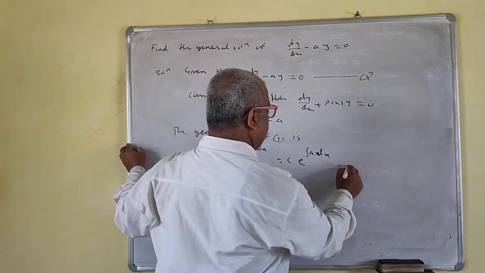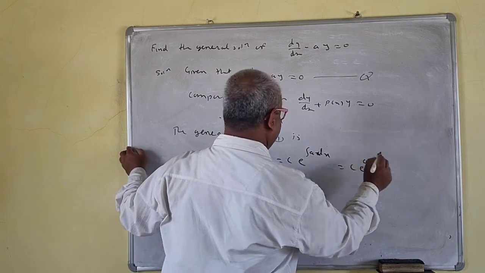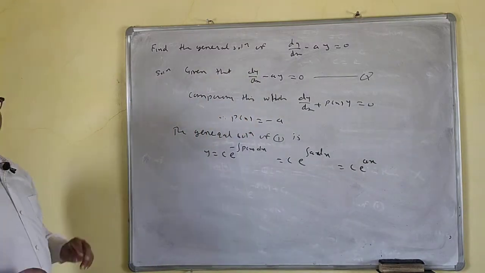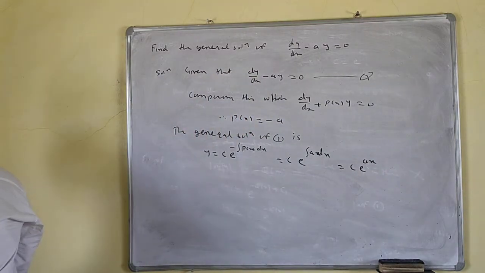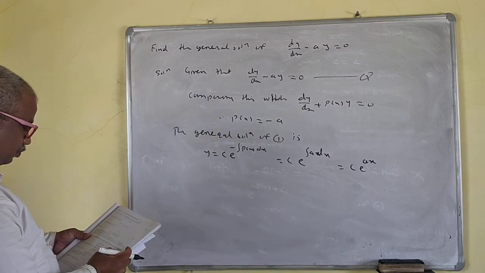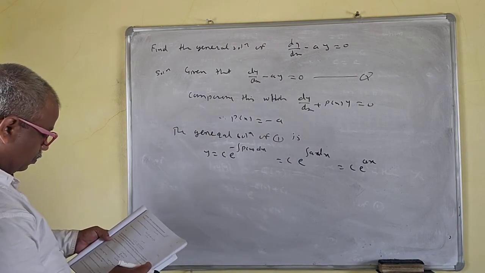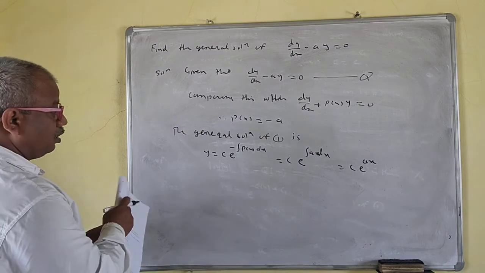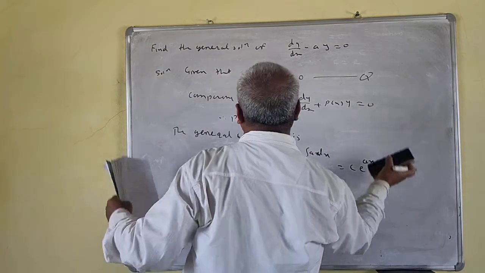So that is c e raised to a x. So y is equal to c e raised to a x is the general solution of the equation. Okay, so you got this.